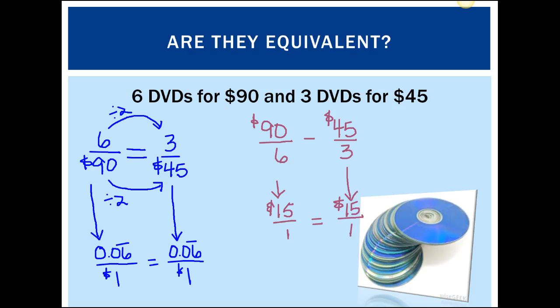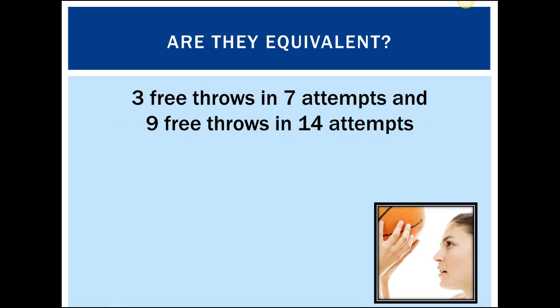You also can still divide the numerator by 2 and the denominator by 2 to get an equivalent fraction. So any way you look at it, these are equivalent and do form a proportion. Here we are shooting some free throws. If we make 3 free throws in 7 attempts and 9 free throws in 14 attempts, are these equivalent?